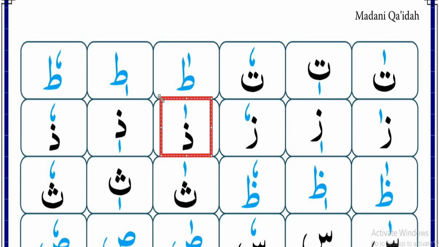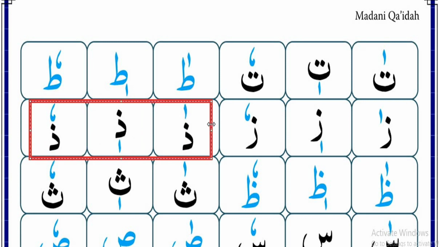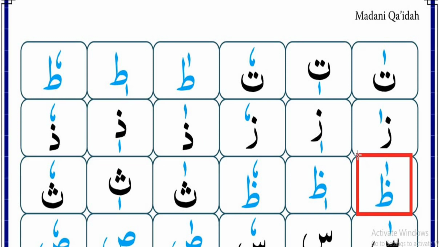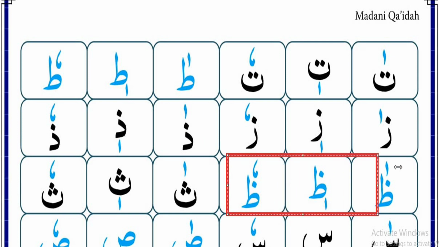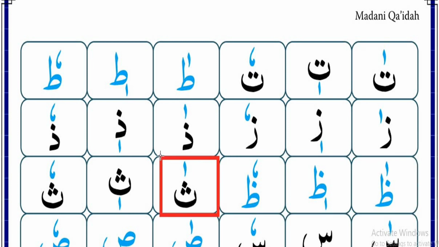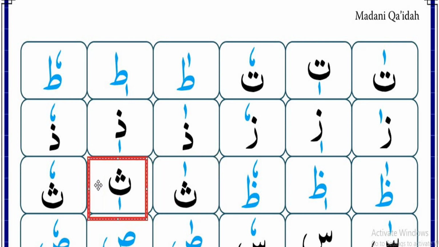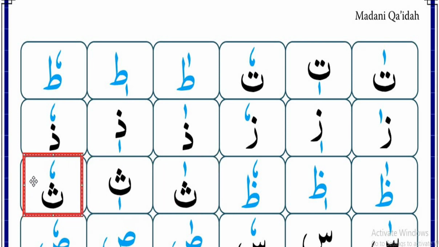Dal, standing fatha dha, dal, standing kasra dhi, dal, standing dhamma dhu, dha, dhi, dhu. Dha, standing fatha dha, standing kasra dhi, standing dhamma dhu. Tha, standing fatha tha, standing kasra thi, standing dhamma thu, tha, thi, thu.